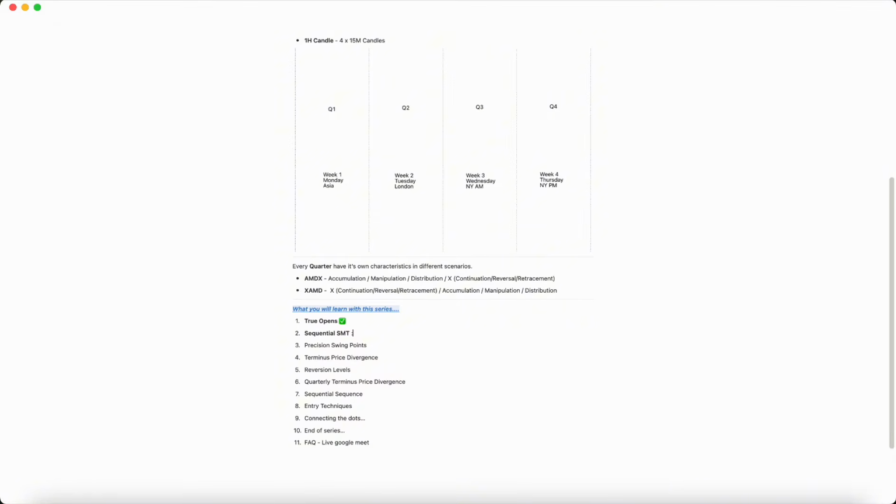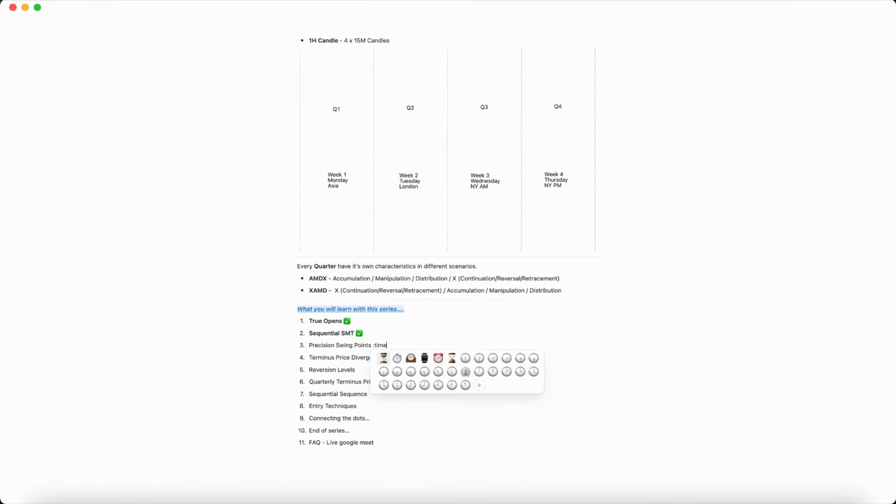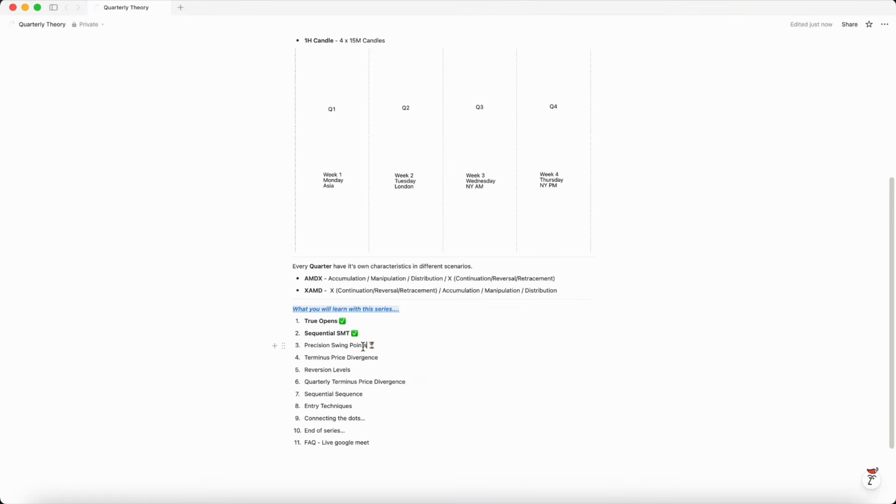Next video will be about precision swing points, which will be really cool. After that, it will be TPD, reversion levels. This will be really cool. And this one is really important and really amazing.